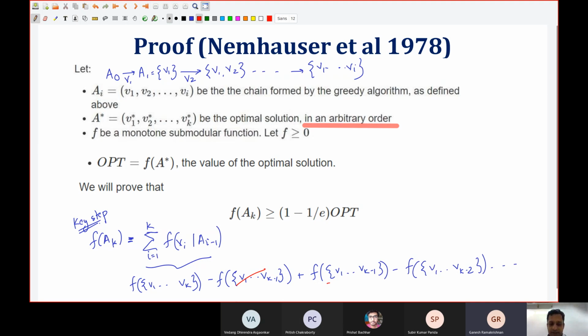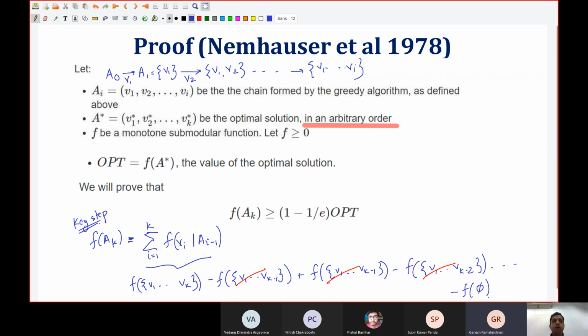So this will get cancelled out like this, right? So what will remain at the end? There will still be some f of minus f of, so A0 is empty. f of v1 minus f of empty set will remain, right? So that will remain, f of empty set.